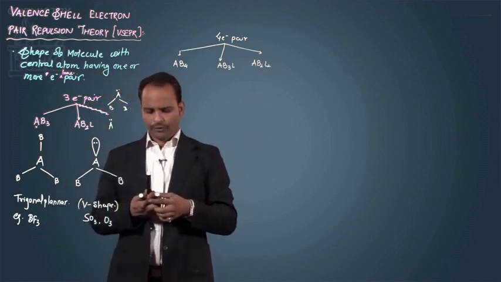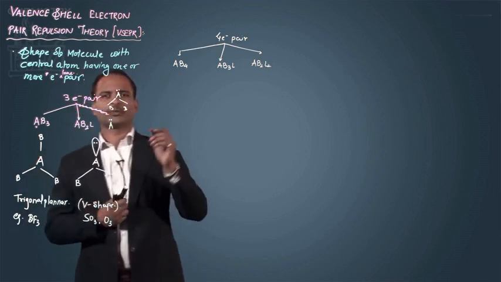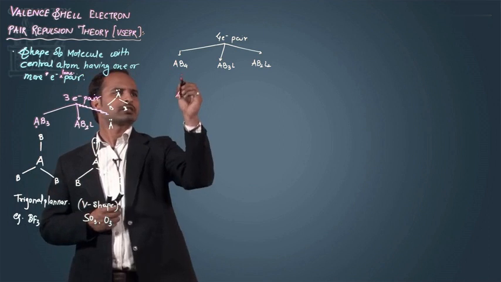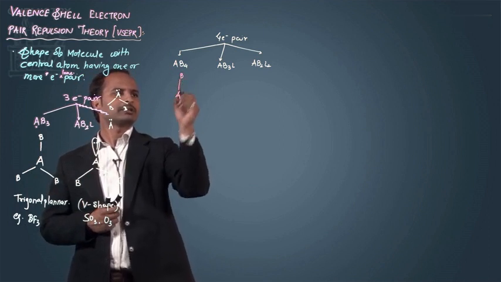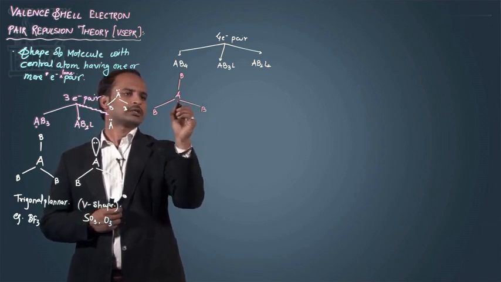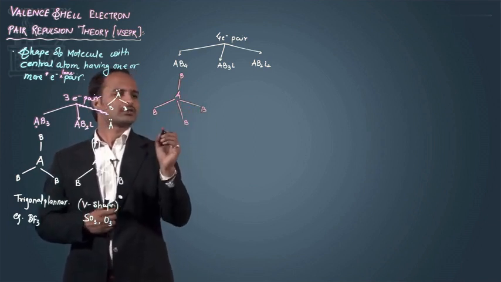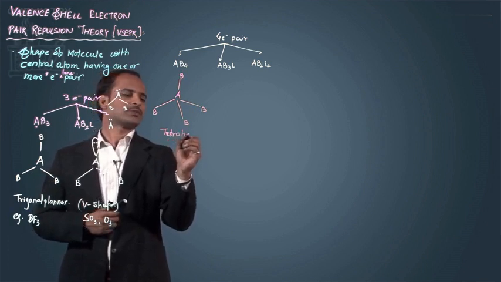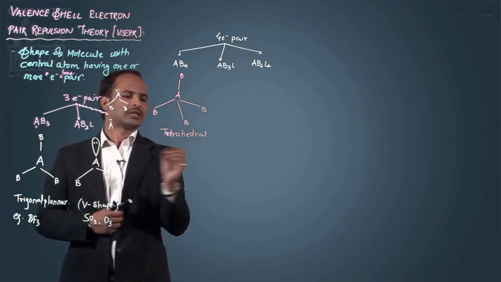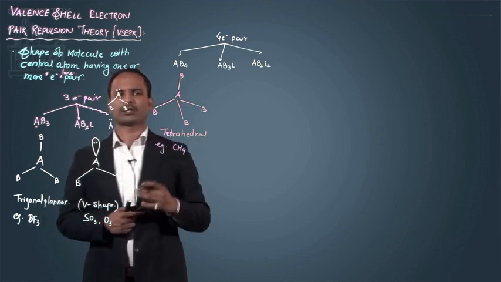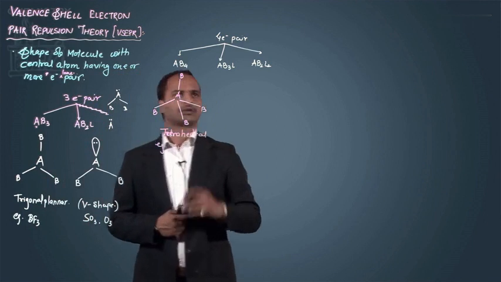AB4 means A is the central atom and all are bond pairs. There is no lone pair of electrons, so one B will be here, second B, third B, and this is the fourth B. This is called tetrahedral geometry, that is, the shape is tetrahedral. Examples are methane, ethane, propane, butane, all alkanes come under the same category.